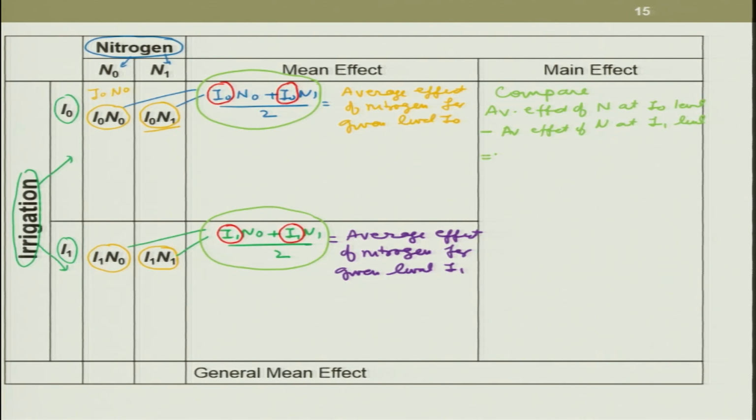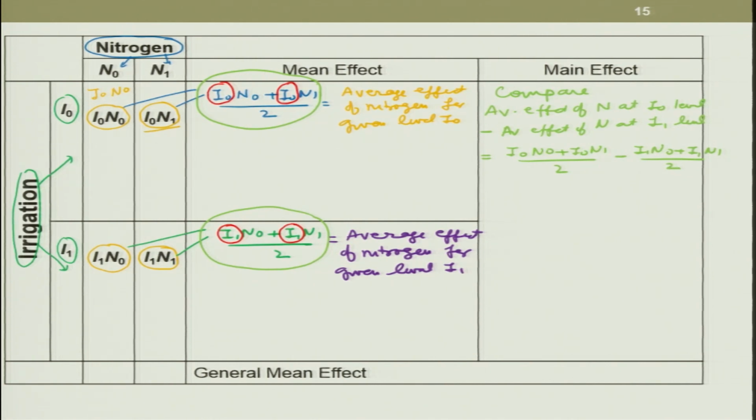Now, if you try to see what it is going to give you, this is I0 N0 plus I0 N1 divided by 2 minus I1 N0 plus I1 N1 divided by 2.